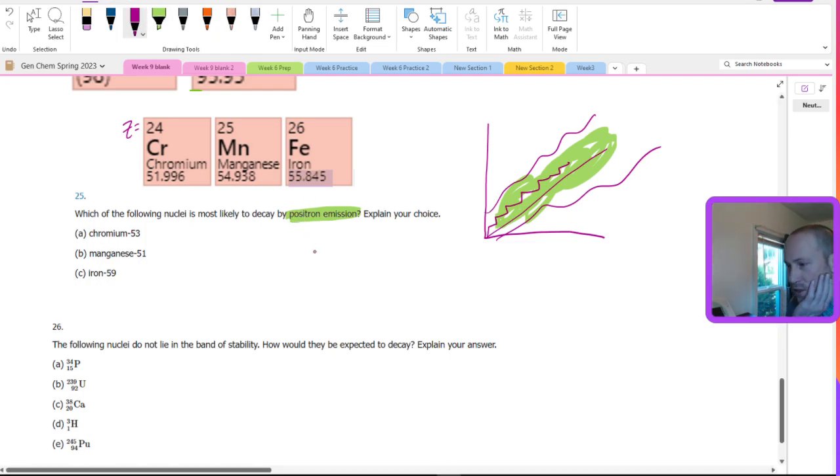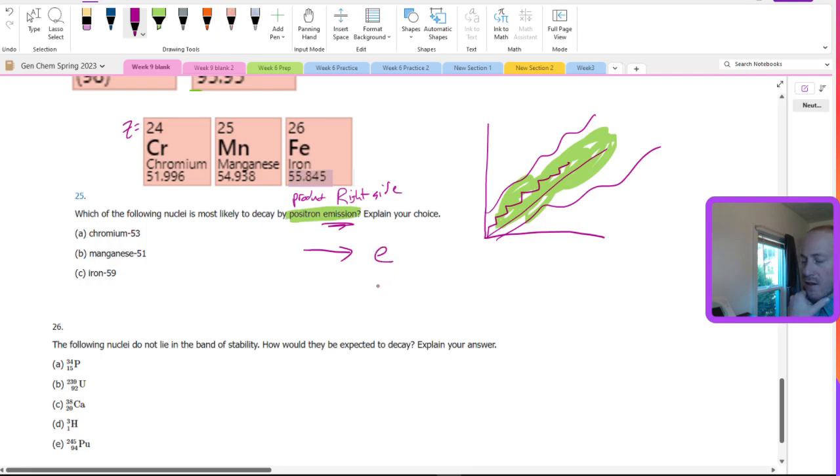What even is positron emission? For one thing, emission means that it is sending it out. It is emitting it. It is releasing it. So it's a product. Emission means that the positron is a product on the right side of our equation.